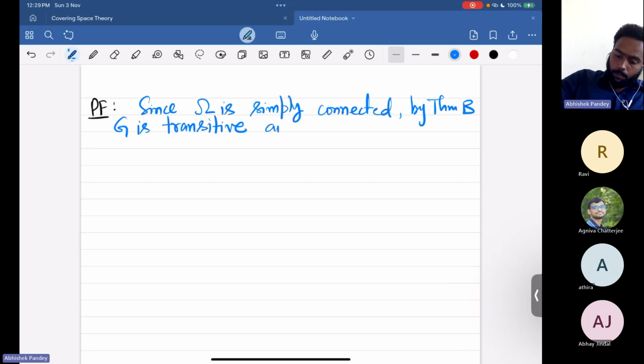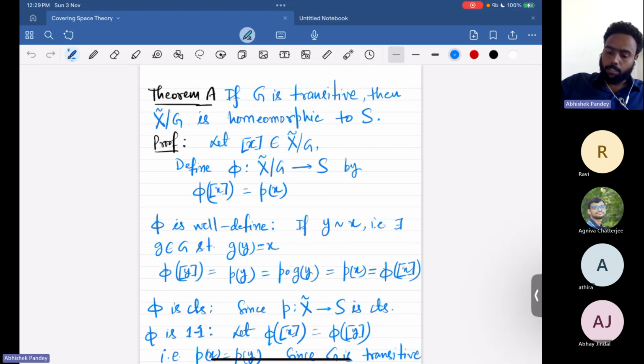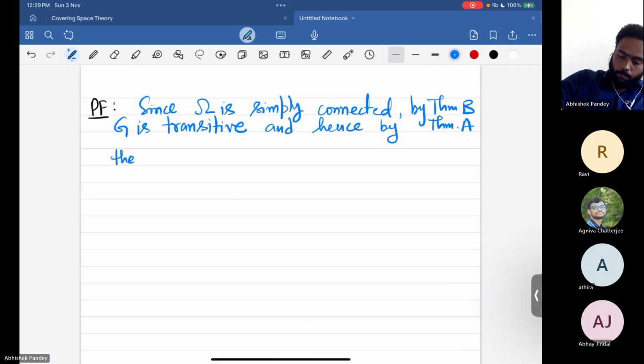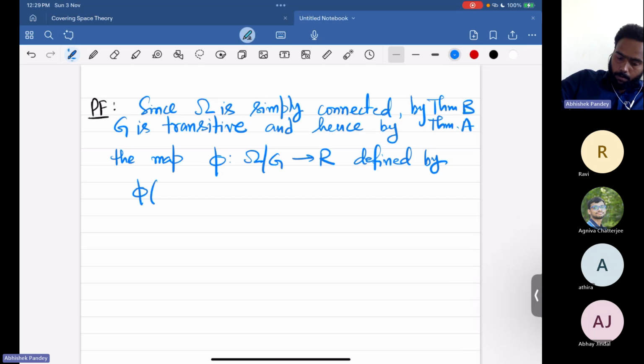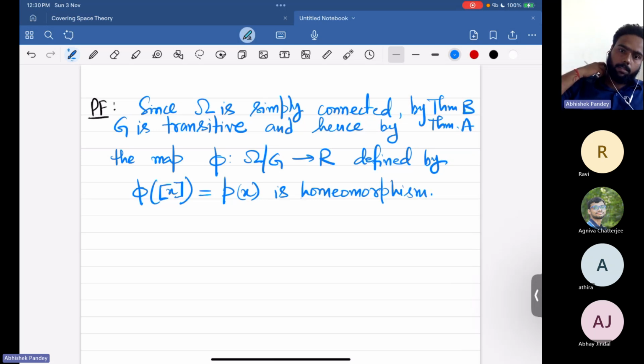And hence by theorem A, if G is transitive, then X tilde modulo G is homeomorphic to S. By theorem A, the natural map phi from omega modulo G to R, defined by phi of the class of x goes to P of x, is a homeomorphism. Now, how to show that it is conformal?